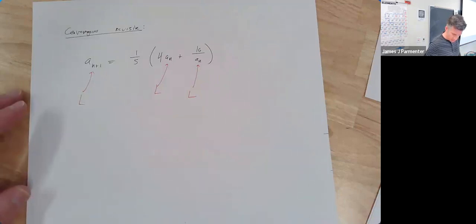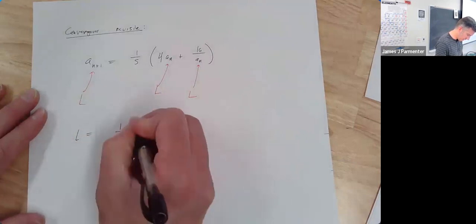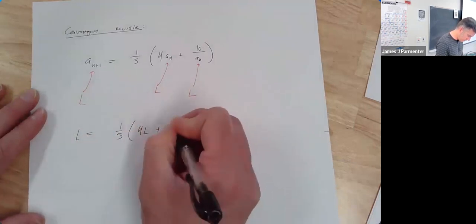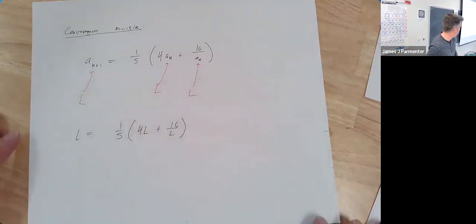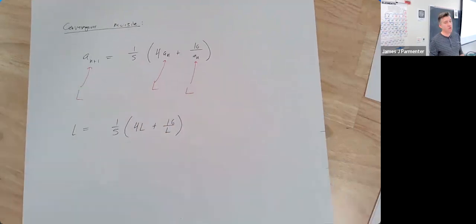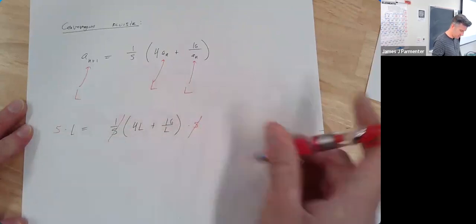So here, we're going to have the equation L equal to 1/5 times 4L plus 16 over L. And while you're welcome to do this in whatever way you want, I would encourage you to try and do it in the way that is the easiest. I don't like that 1/5. Multiply both sides by 5. Great. Cancel, cancel.